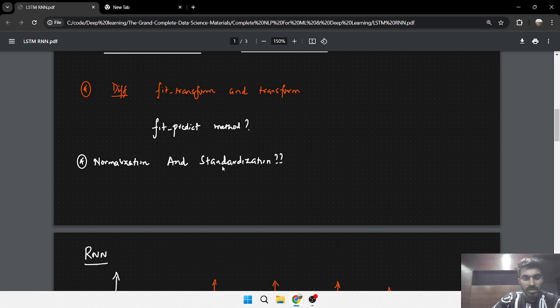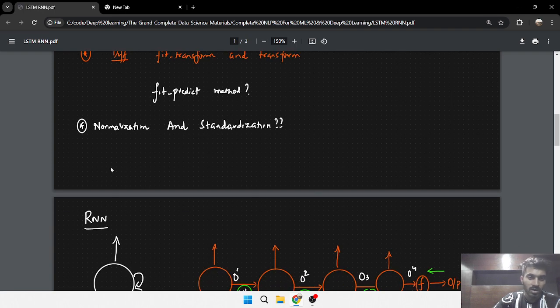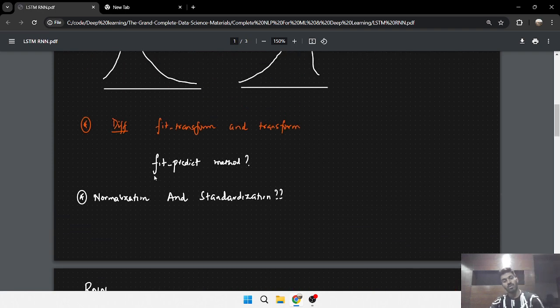Normalization and standardization are also interview questions. In normalization, we divide by the max value of the dataset. Suppose you are dealing with a CNN and images, then we divide by 255 so that our values range from 0 to 1. Standardization gives a mean equal to 0 and standard deviation equal to 1.